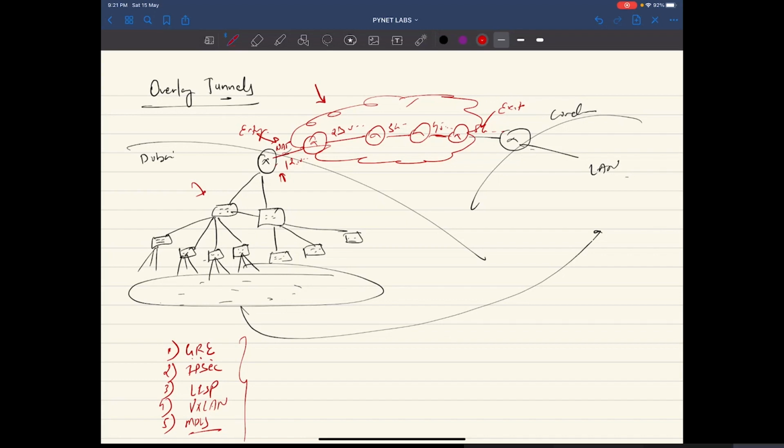All of these play a role in creating something called a VPN, which stands for Virtual Private Network. It is again a form of tunnel that allows private networks to communicate with each other across an untrusted public network, which can be the internet or your ISP backbone.